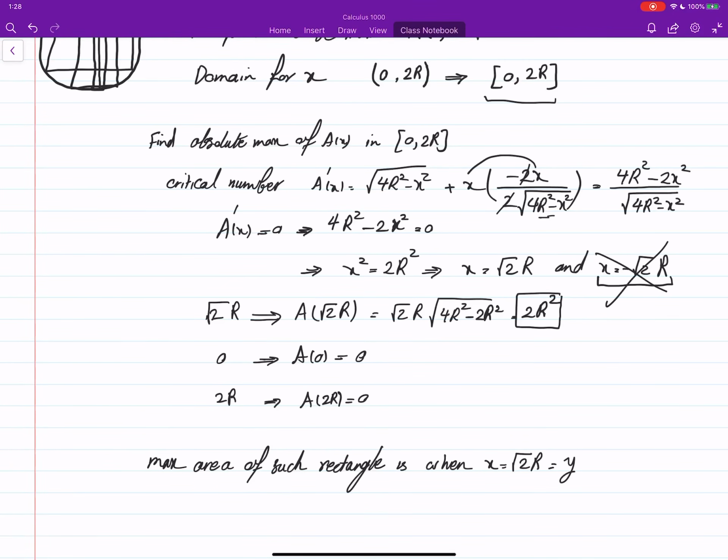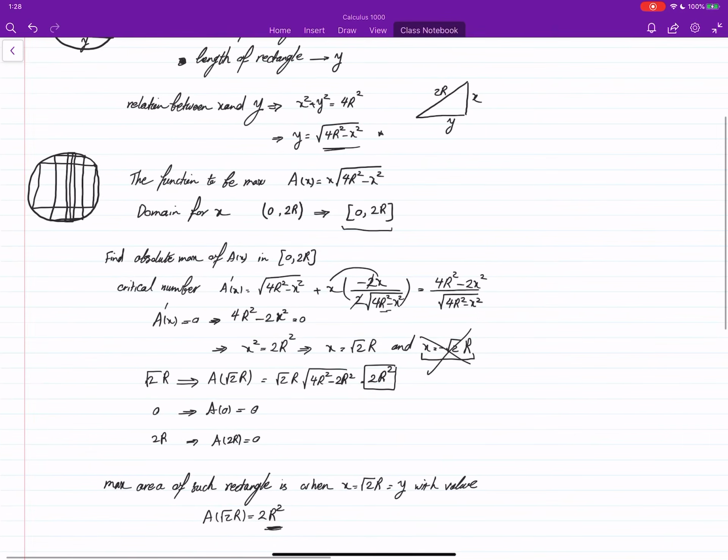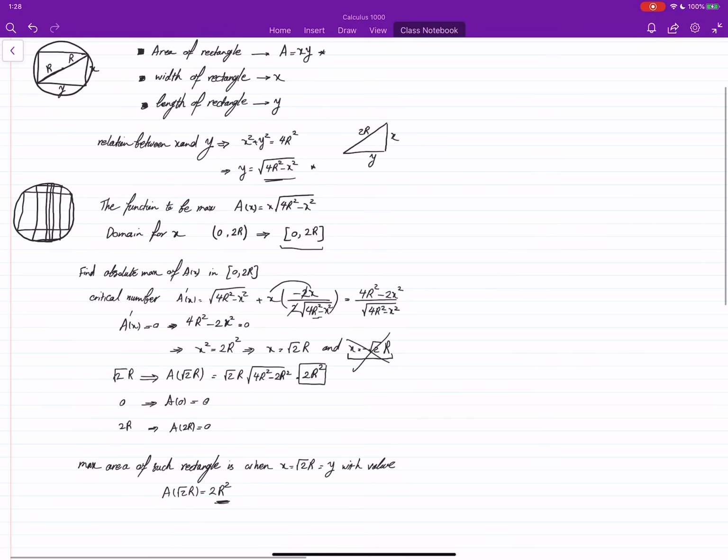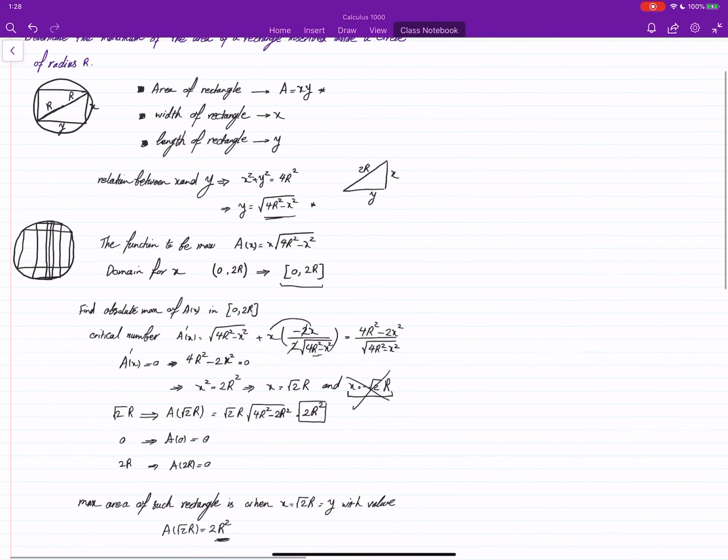In other words, your rectangle needs to be a square. Just plug it in: A of root 2 r, which we found, is 2r squared. So the maximum area of such a rectangle is twice r squared. Okay.